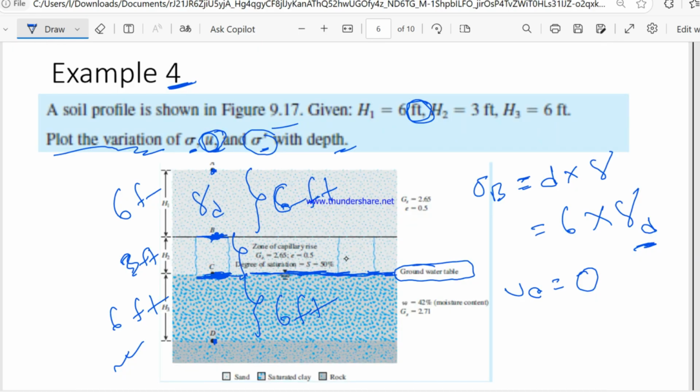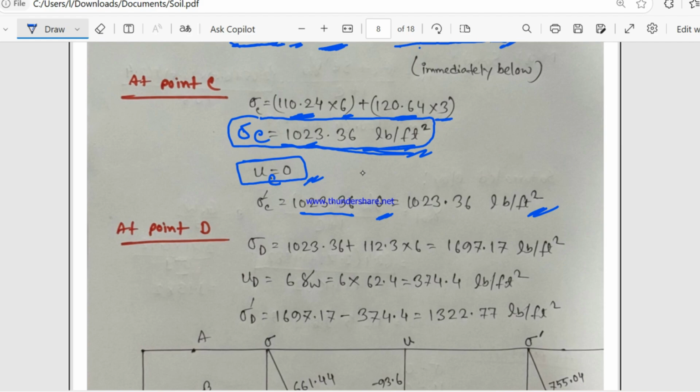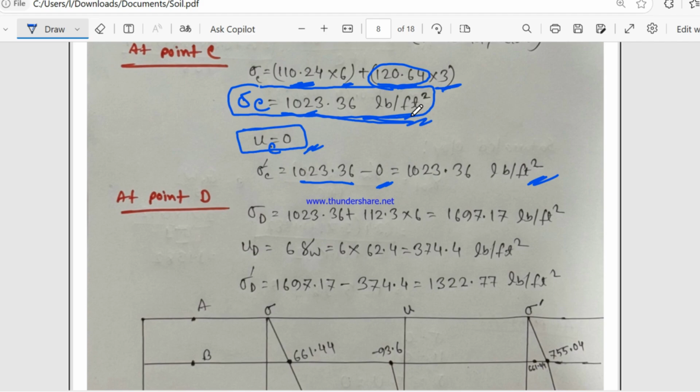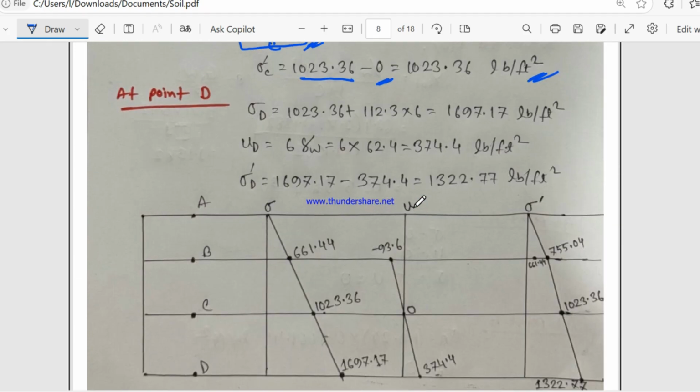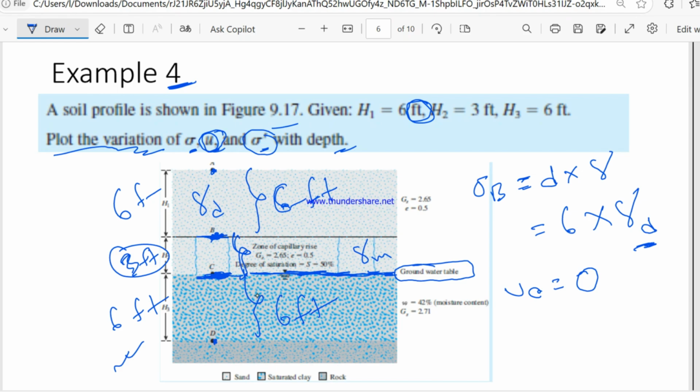This is for dry unit weight, and this distance is 3, this is for moist unit weight, 3 times moist unit weight. Then our value was 1023.36. Okay, let's insert 1023.36, and we have this 6 feet, and this is the saturated clay zone.